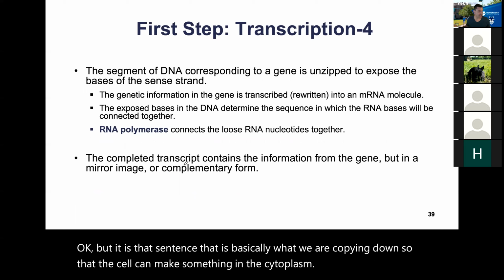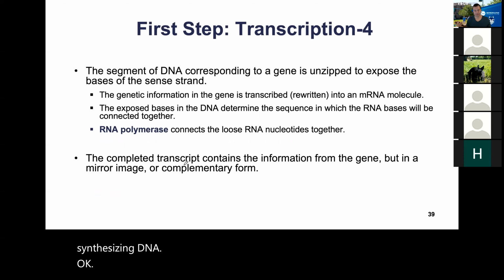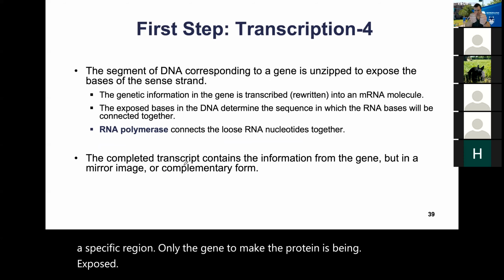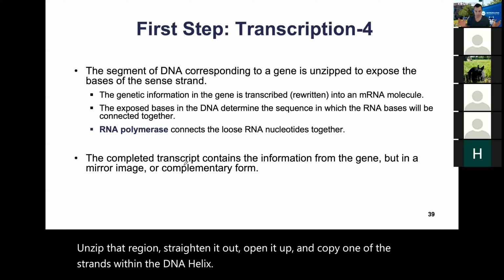All this looks the same as we talked about when we talked about synthesizing DNA. Instead of the whole DNA ultimately unwinding and being copied, it's only a specific region. Only the gene to make the protein is being exposed. Unzip that region, straighten it out, open it up, and copy one of the strands within the DNA helix. RNA polymerase is there.